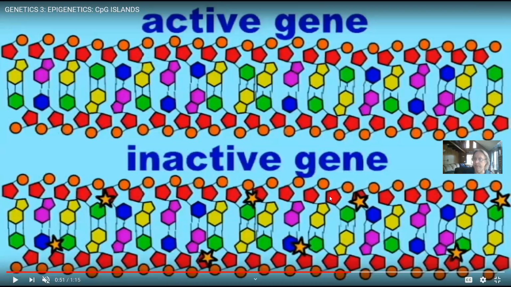And every time the cell divides, it replicates that. So years and years later, the cell knows this is the copy I got from my mother, this is the copy I got from my father. And there are scenarios where a cell will preferentially express one or the other.